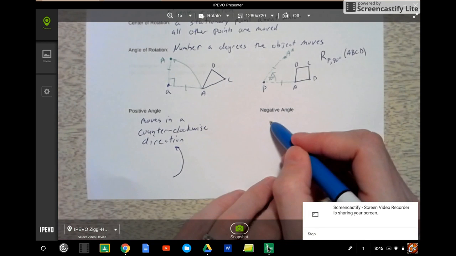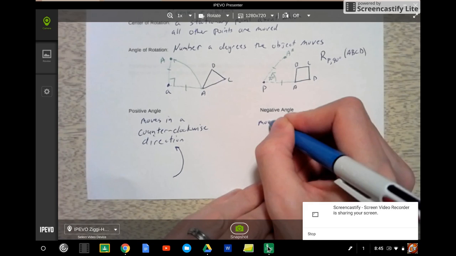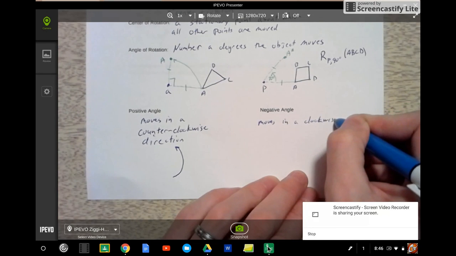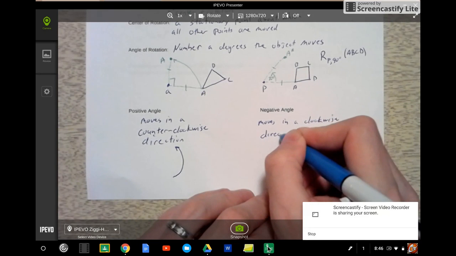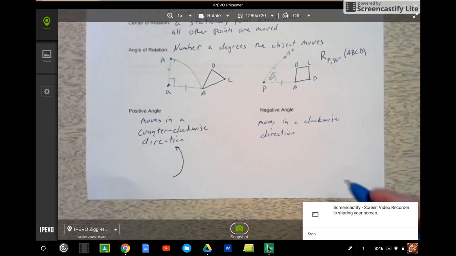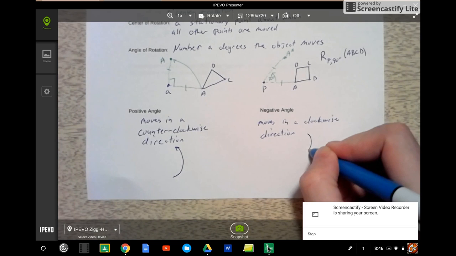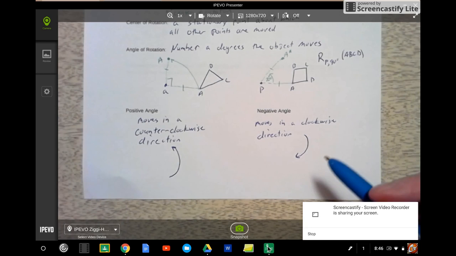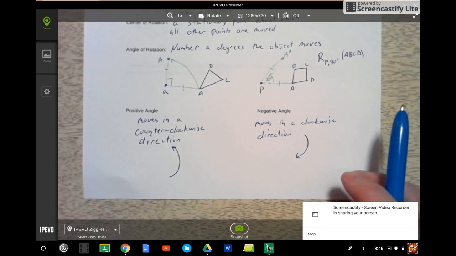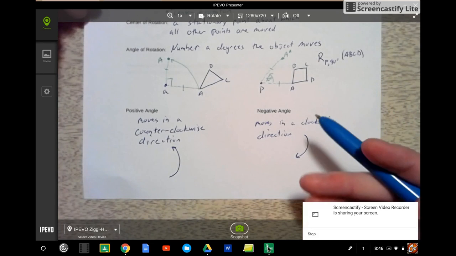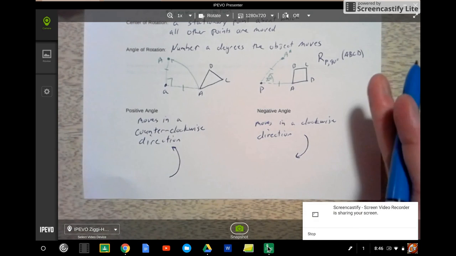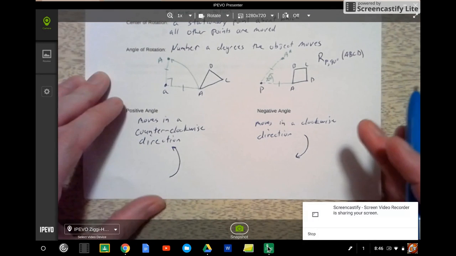A negative angle moves in a clockwise direction. We've never really experienced negative angles before, and that's why, because when we measure angles, we always measure a positive angle. The direction we measure is what decides if it's positive or negative. Think about a negative number is really going left on the number line, while a positive number is going right on the number line. So that's kind of the same idea.